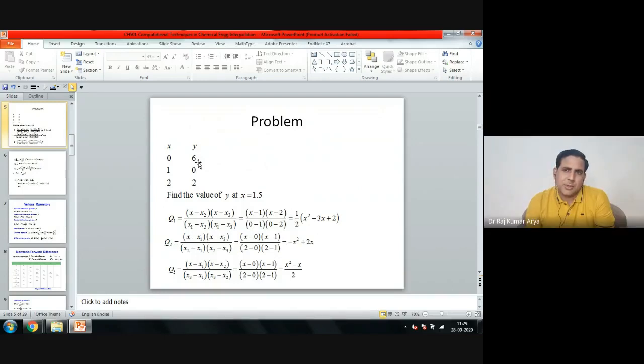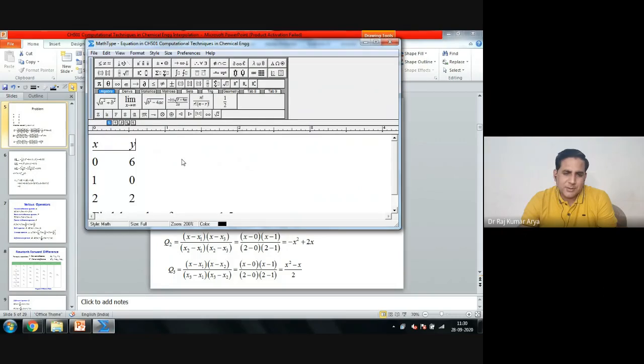So you have to always bracket your answer first, to see in which segment your value lies. Your x of 1.5 would lie between x1 and x2. So this would be x1 comma 0 and x2 would be 2 comma 2. Correct? So you actually got the answer by 2 means.